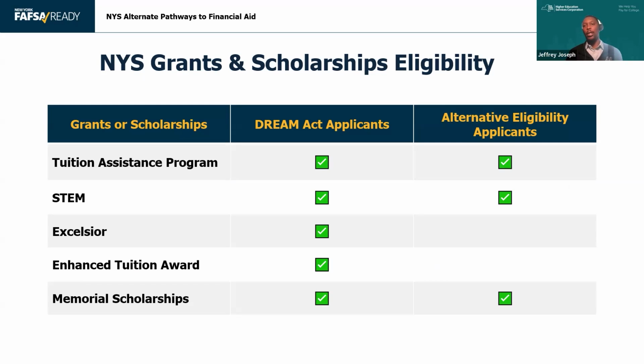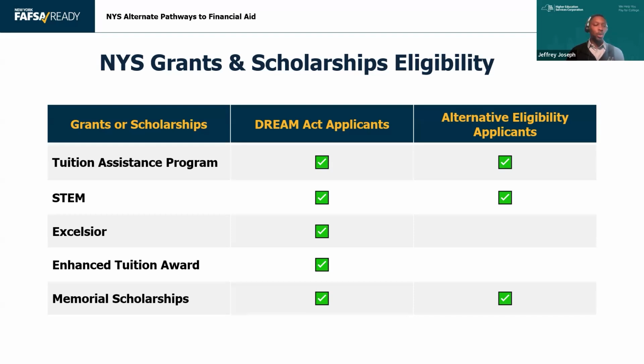That is because a requirement right now by law is that students who are eligible for FAFSA must complete the FAFSA to receive Excelsior or ETA. This may play into students' decisions on what they choose, if they realize I want Excelsior or I need Excelsior, and they realize that they can't get it through that pathway.